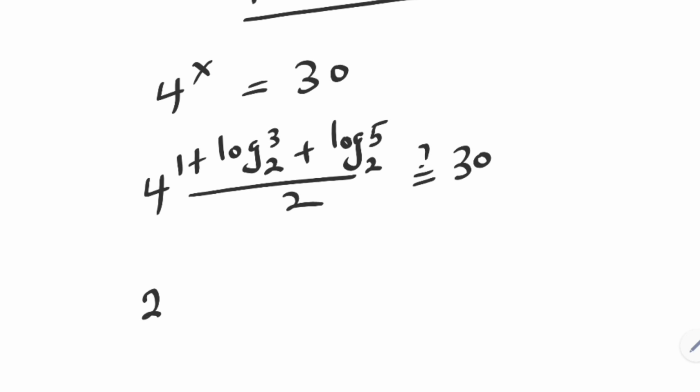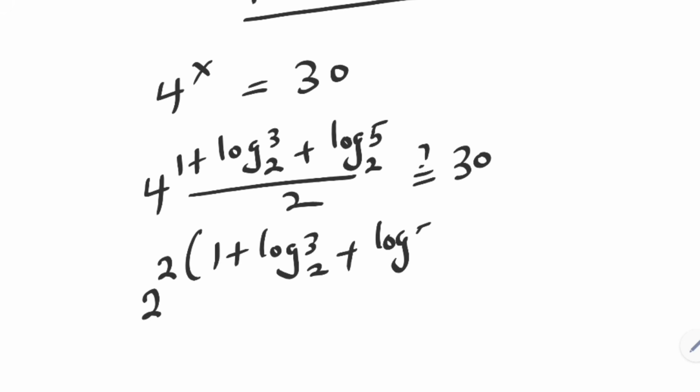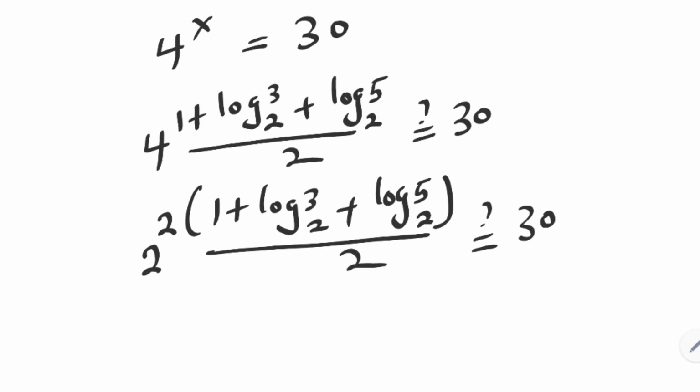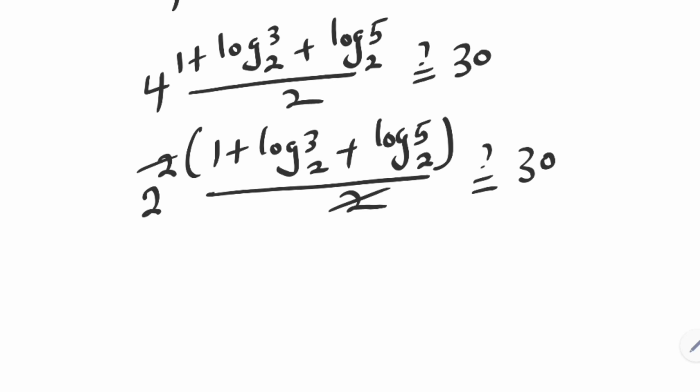Then this is 2 raised to power 2 bracket 1 plus log 3 base 2 plus log 5 base 2 all over 2 must be equal to 30. These two cancel these two out.